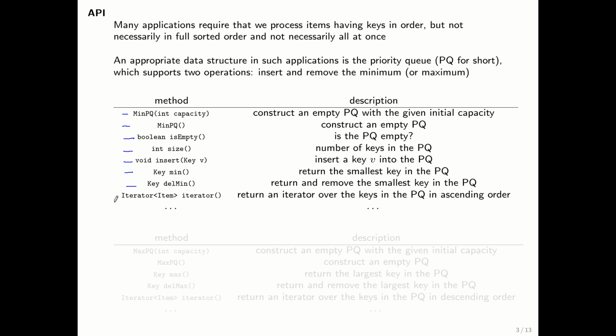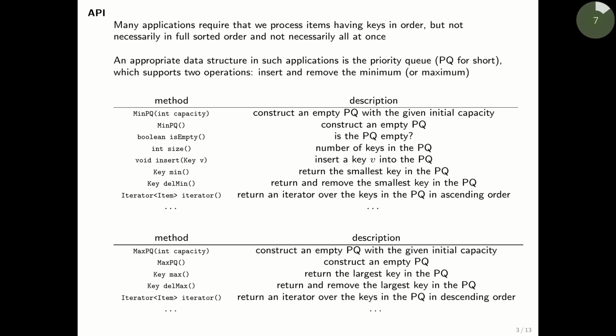Then you have this iterator method with which you can iterate over the keys in the priority queue in ascending order. Since this is a min PQ, this iterator lets you iterate over the keys in ascending order. So that's the API for the min PQ data structure.